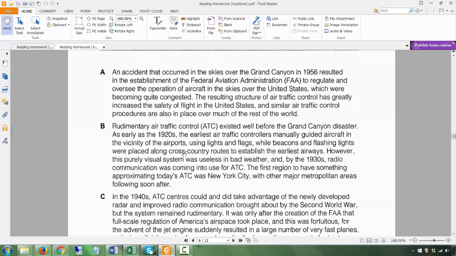Perhaps most of the time radio is used, and that is very important, but it doesn't mean that beacons and flashing lights are not used anymore. It is not very clear whether it is still used or not. All it mentions is that radio is the main way, but it's still possible that beacons and flashing lights are used nowadays. It's also possible that they're not used. It doesn't mention, so it's not given.